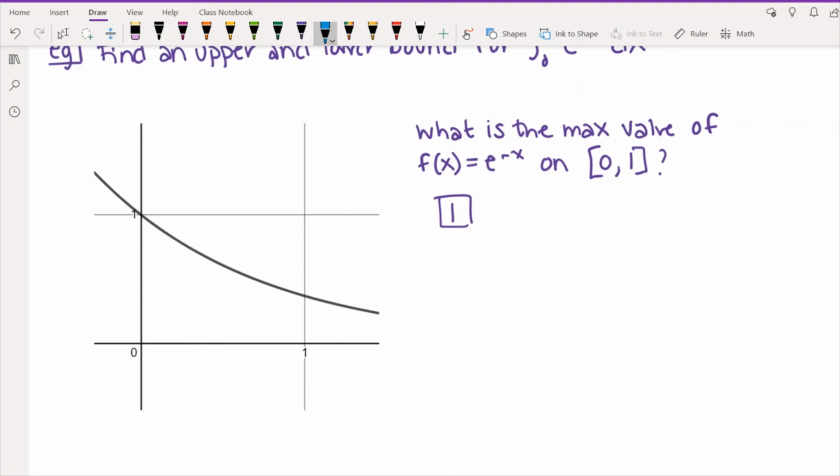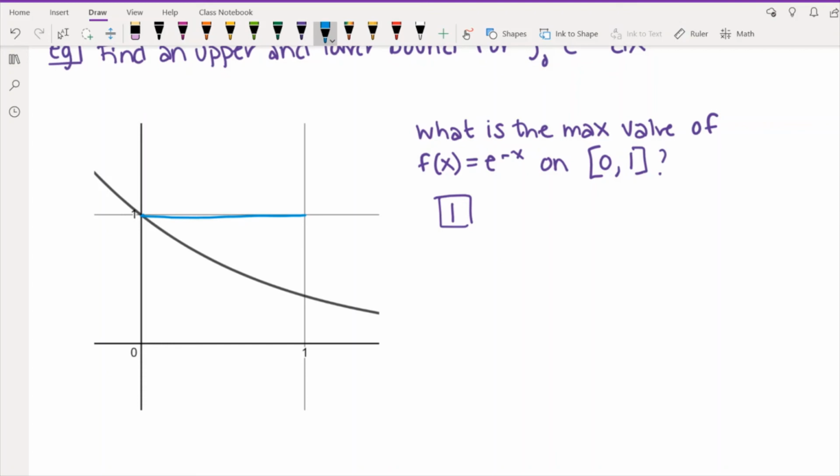So I want to draw a rectangle representing something here. Let's say that the function f of x equals e to the negative x reached a height of 1 during the entirety of the interval from 0 to 1. We know it doesn't, but because 1 is the very highest point that it reaches, we know that the entire function lies below this blue line that I just drew, right?